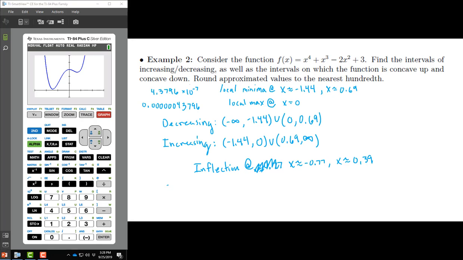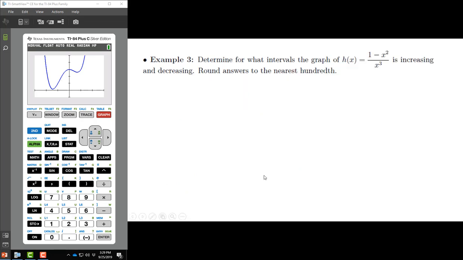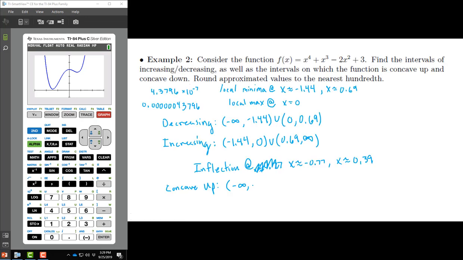So we are concave up, well, it looks like from -infinity to this inflection point, and that inflection point we decided was at -0.77. So -infinity to -0.77.